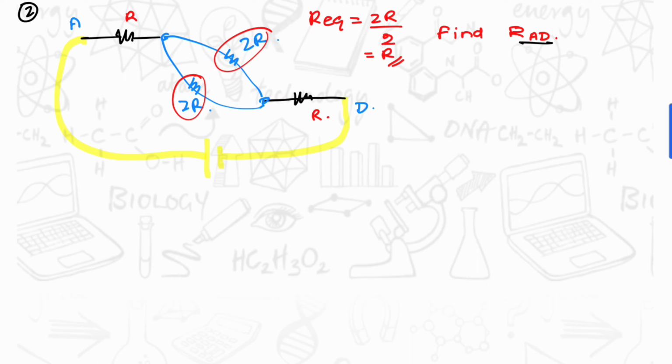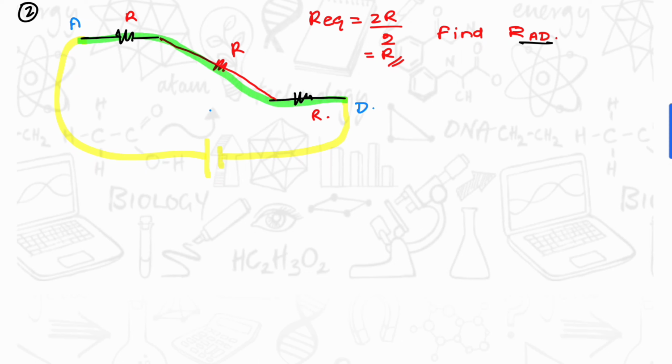That will be R. So let's remove these two and replace it with a resistor of R value. And then these three resistors are in series. So we get our final answer. RAD will be R plus R plus R, that is 3R.